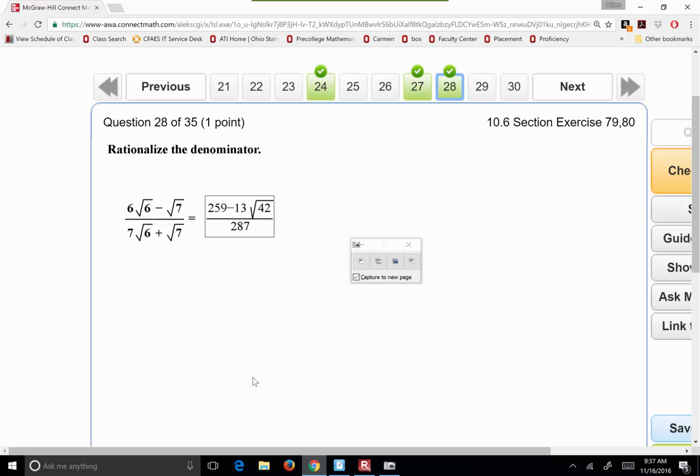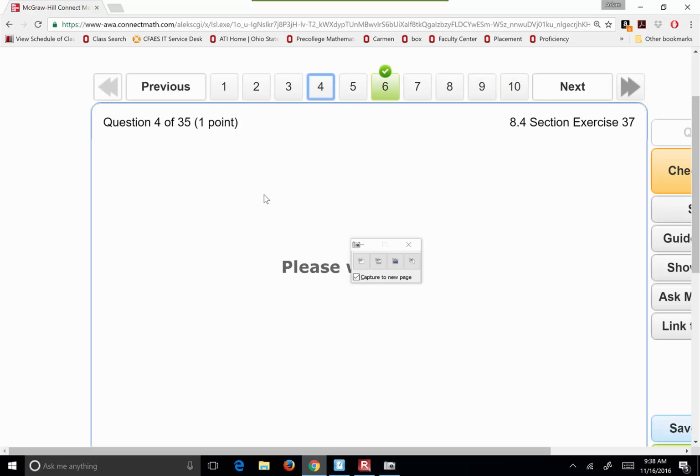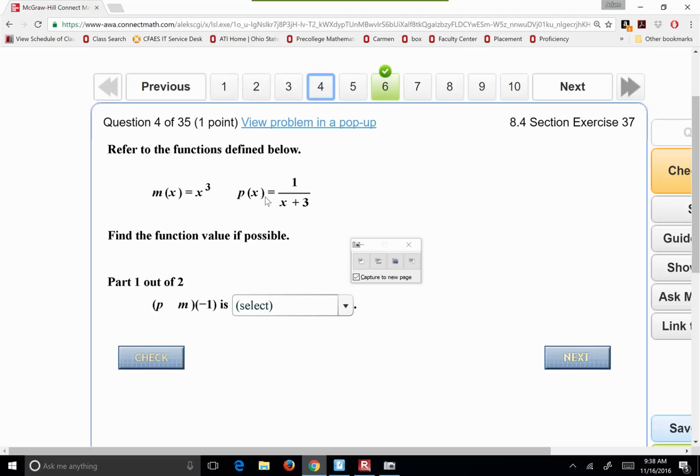Come on. Please tell me a section and I pick a question. 4. Alright. What is this operation called again? Composition.